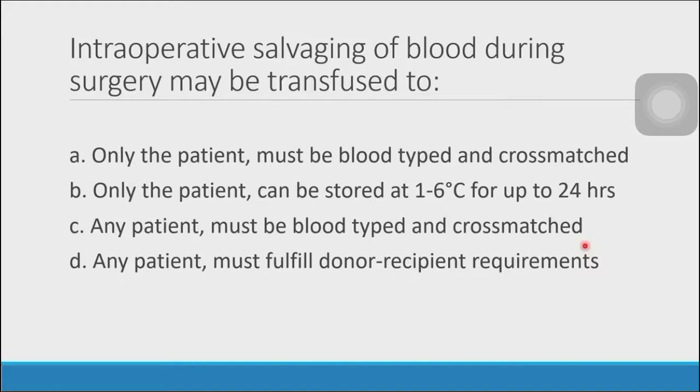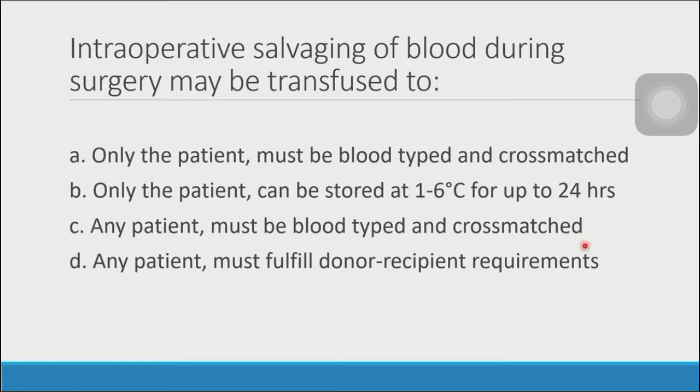So again, for intraoperative salvaging, what you only do is label it. Label only if it leaves the operating room. So the blood typing or cross-match is only optional. For pre-operative collections, since it is collected 5 to 6 days prior to the surgical procedure, there is still a risk that you misplace it or mix it with other units.